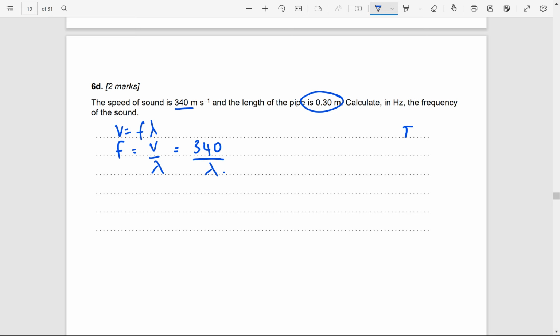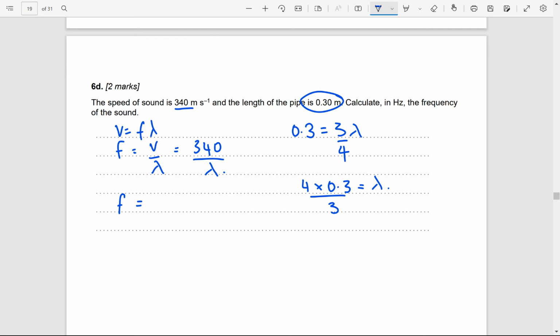Okay, so 0.3 meters equals 3/4 of a wavelength. So I can rearrange for wavelength, and then plug that in.